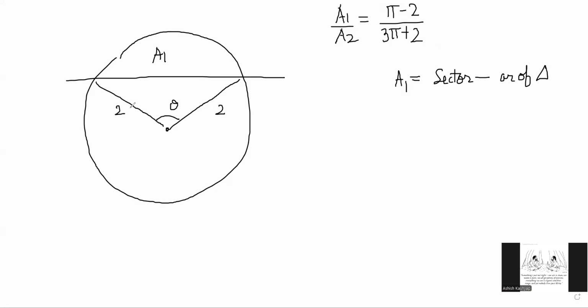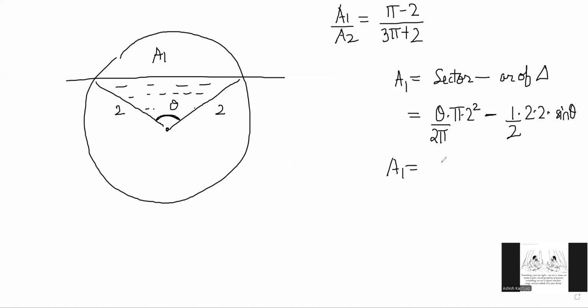This is my overall sector and this is the triangle that I will subtract. So sector area will be theta by 2 pi into pi into 2 square. Area of triangle will be half into 2 into 2 into sine theta here because theta is the included angle and these are the radii. So A1 is coming out to be theta, 2 cancels, pi cancels, so 2 theta minus 2 sine theta. That is my A1, right?